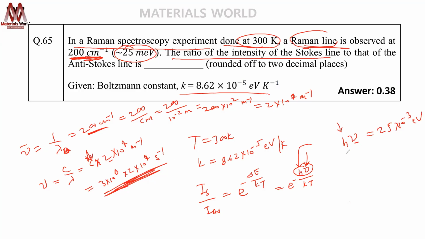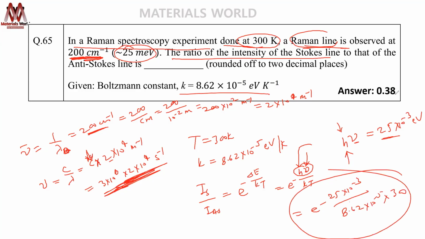You can check it now. You take h value in electron volt and put this nu value, and you will get this 25 milli electron volt. It will be 24.89 something. Since they have not given the h value, they have directly given h nu. So h nu is already given. What is that? 25 into 10 power minus 3 by k, which is in electron volt only, 8.62 into 10 power minus 5, and T is 300. If you solve it, you will get your answer.